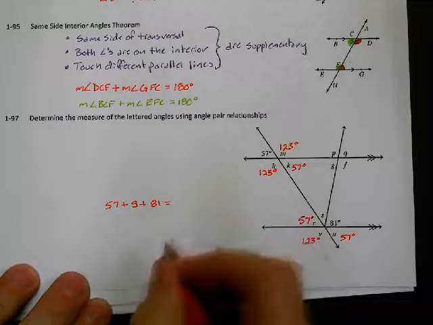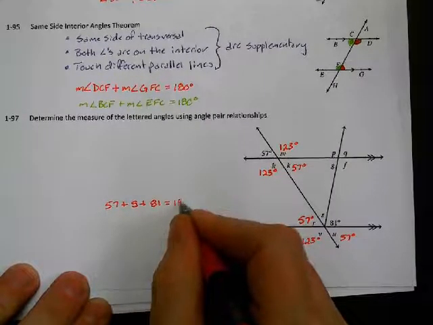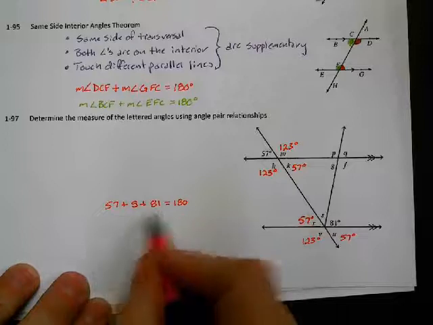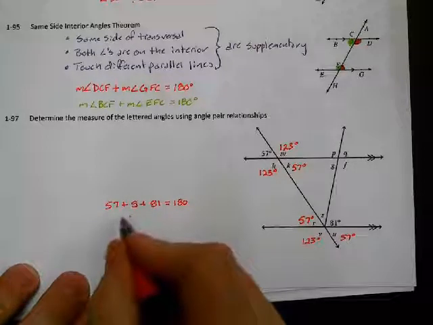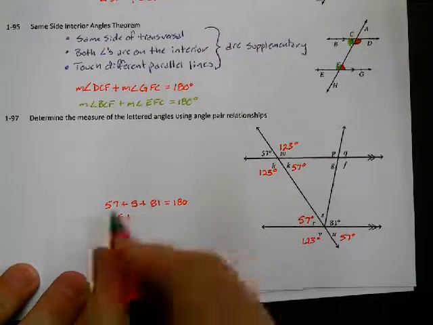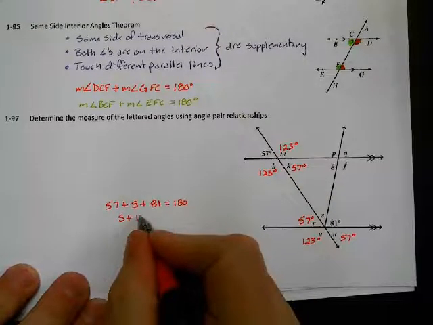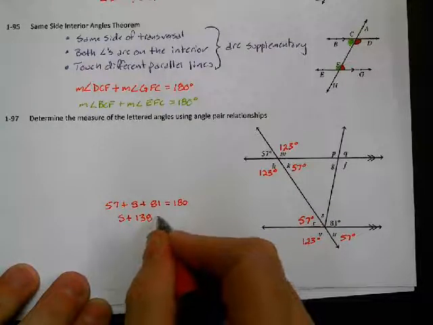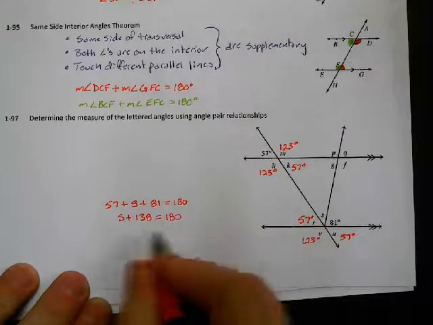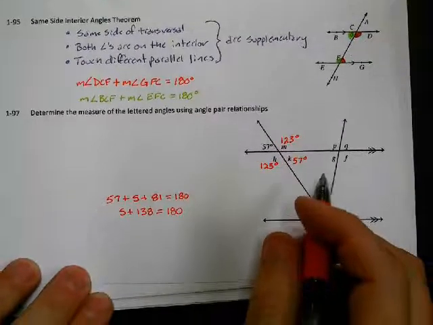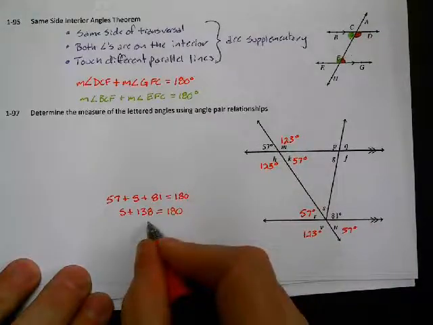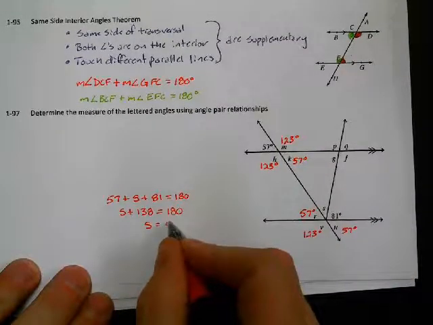That's 180 degrees. So let's add up 57 and 81. If I add those two together, I get 138. I'll just subtract 138 from both sides, and I end up with 42. So now I know that S is 42 degrees.